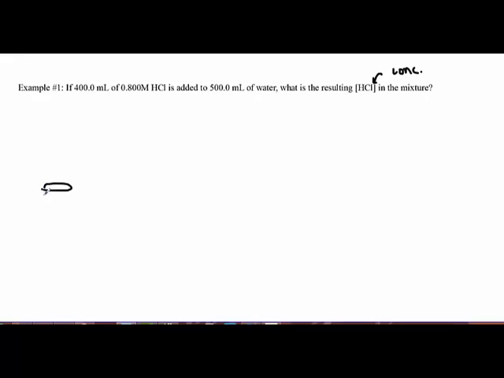Sometimes it's nice to draw yourself a little bit of a picture if you're a visual person. So you can think to yourself, okay, I'm starting off with a 400 ml solution of hydrochloric acid. And that hydrochloric acid has a concentration of 0.800 molar, or moles per liter. I'm then going to dilute it by adding some water.